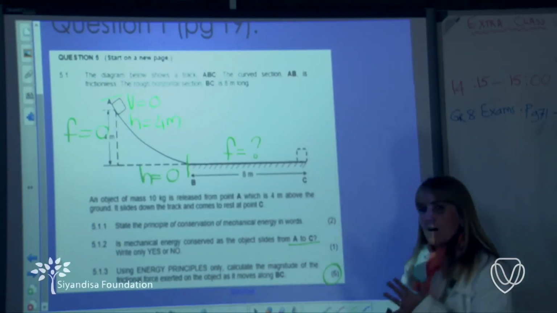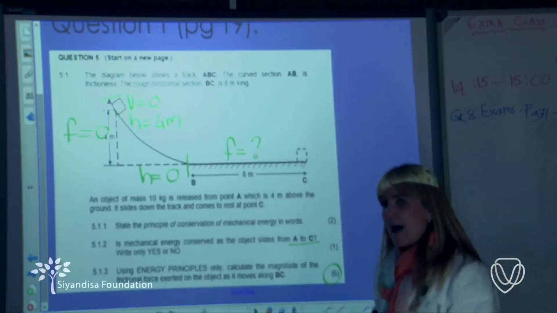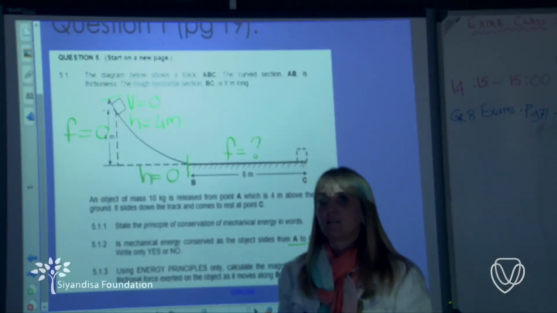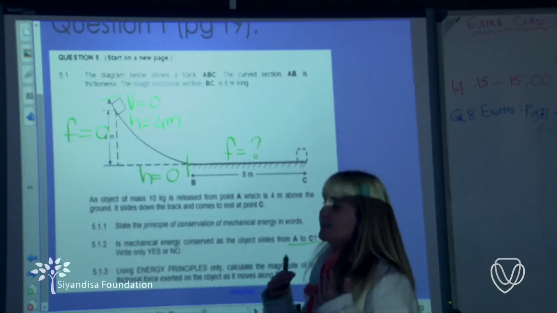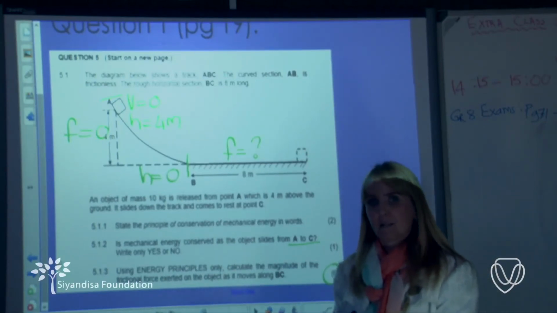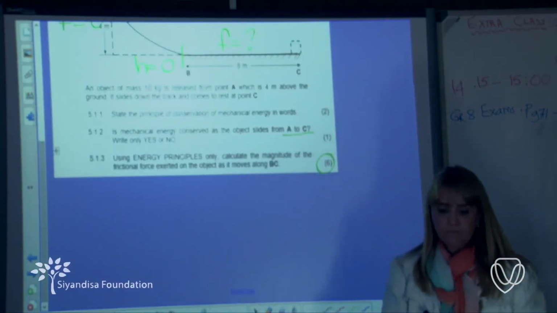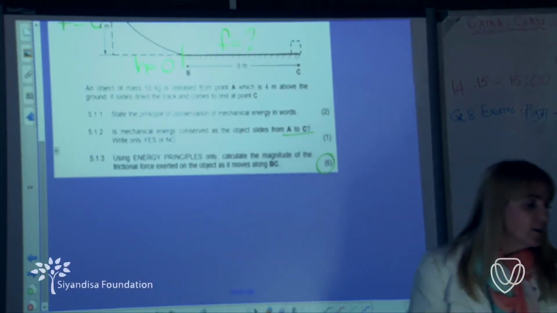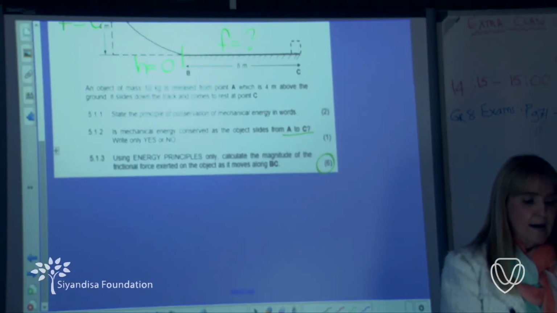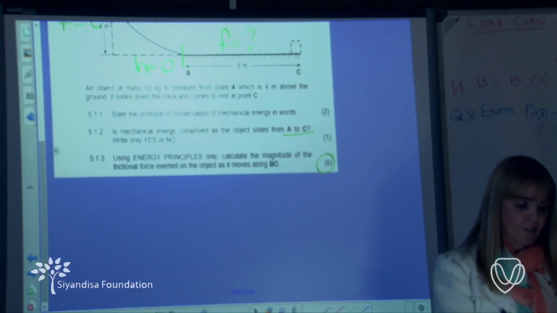Now, when you are being asked about velocities, you've been given heights, and in the previous question, they have asked you about mechanical energy, the first thing that should come to mind is the equation for the law of conservation of mechanical energy. Now, if you go to your data sheet, you are not given the equation for the law of conservation of mechanical energy.